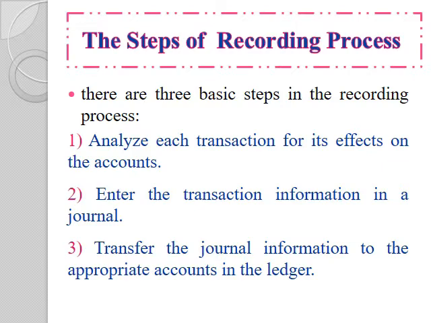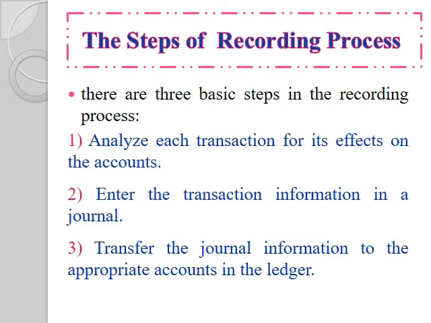So assets and expenses are debit accounts, and if they increase, that will be recorded in the debit side and the amount in the debit column. While if they decreased, that will be recorded in the credit side and the amount in the credit column.